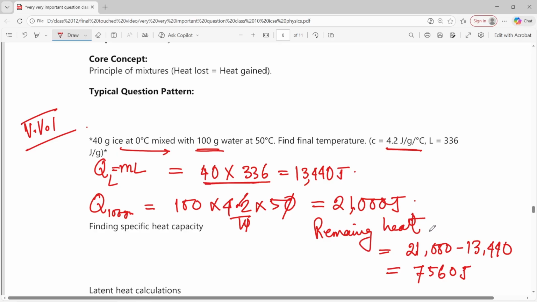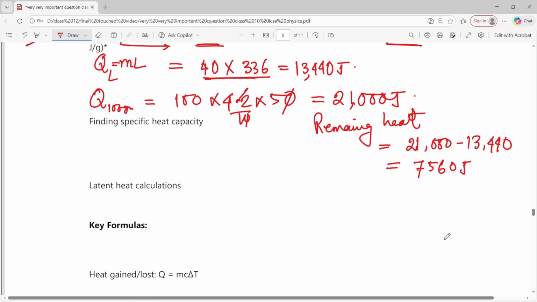This 7,560 joule equals the total mass, 100 plus 40, which is 140, into 4.2, into the final temperature T.